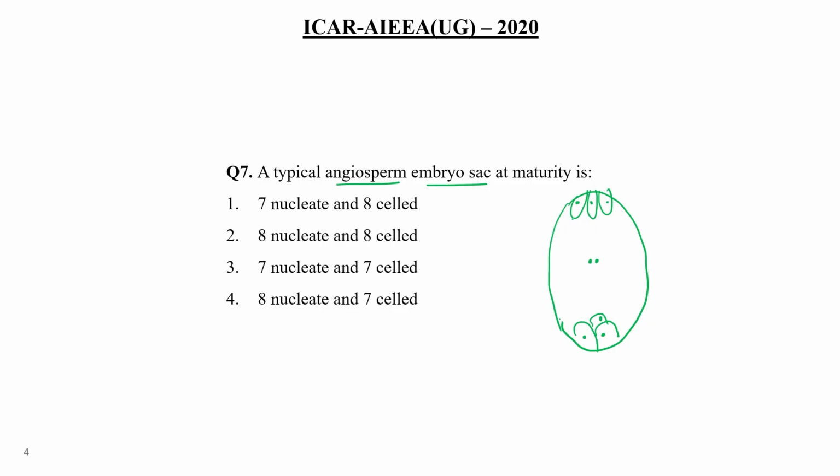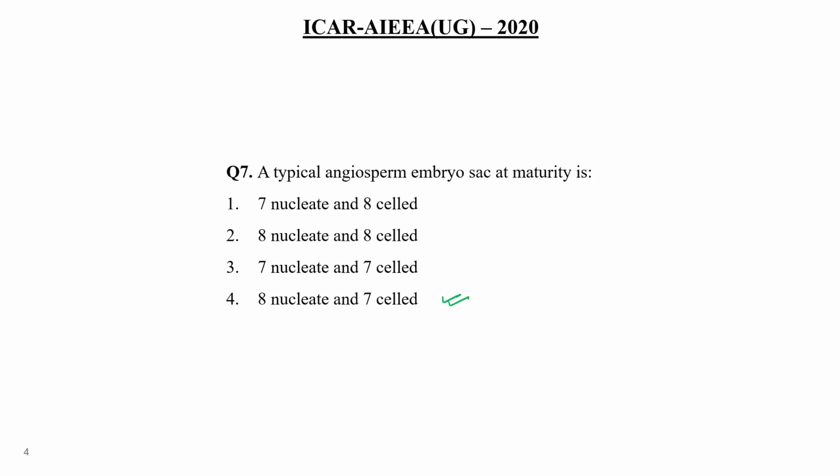So how many nuclei? 1, 2, 3, 4, 5, 6, 7, 8. And how many cells? 1, 2, 3, 4. This one is the egg cell, right? And the central cell, and 3 over here. So 7 celled and 8 nucleated, right? So choice number 4 would be the correct answer of this question. Angiosperm embryo sac is 8 nucleated and 7 celled.